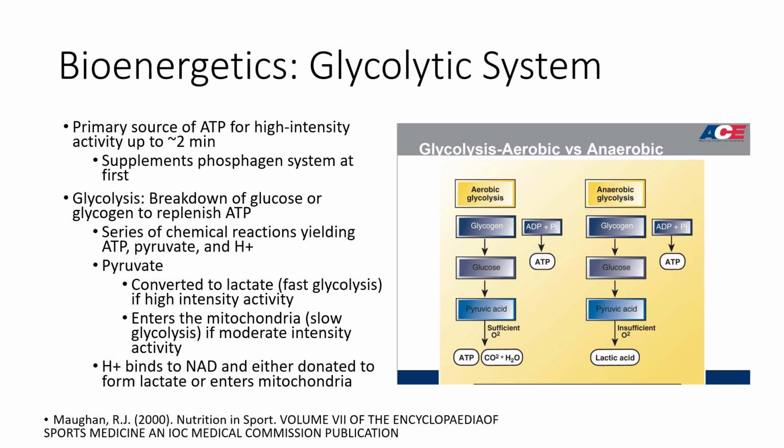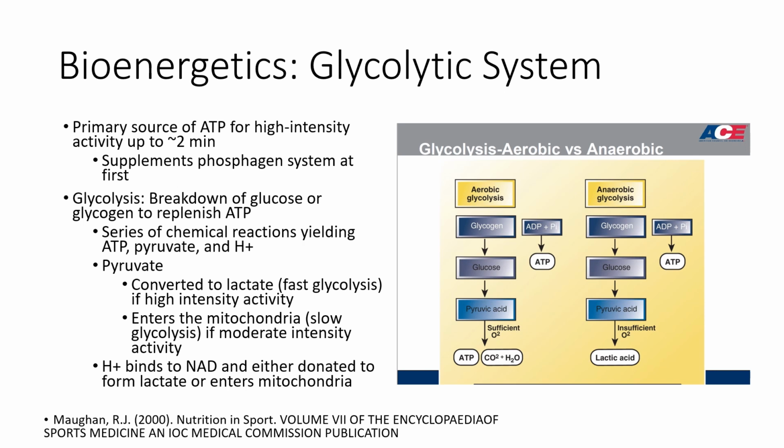But glycolysis has a much higher capacity to produce ATP because of the abundance of glycogen and glucose. Both glycolysis and the phosphagen system occur in the sarcoplasm and are considered anaerobic. Primary source of ATP for high intensity activity up to 2 minutes.